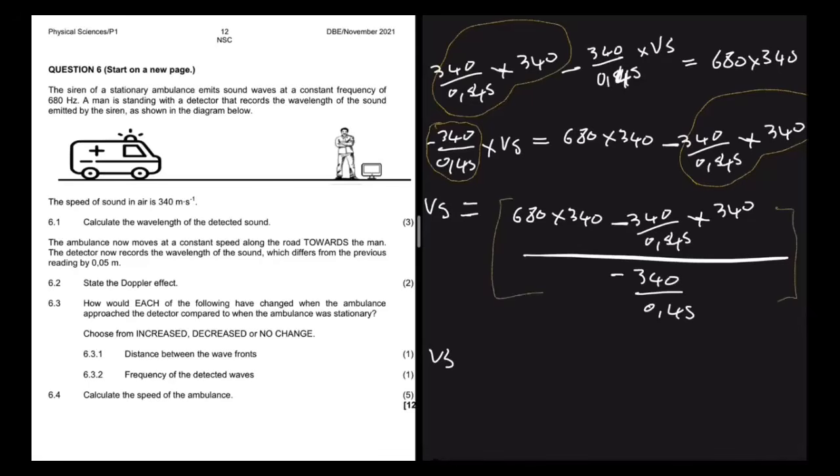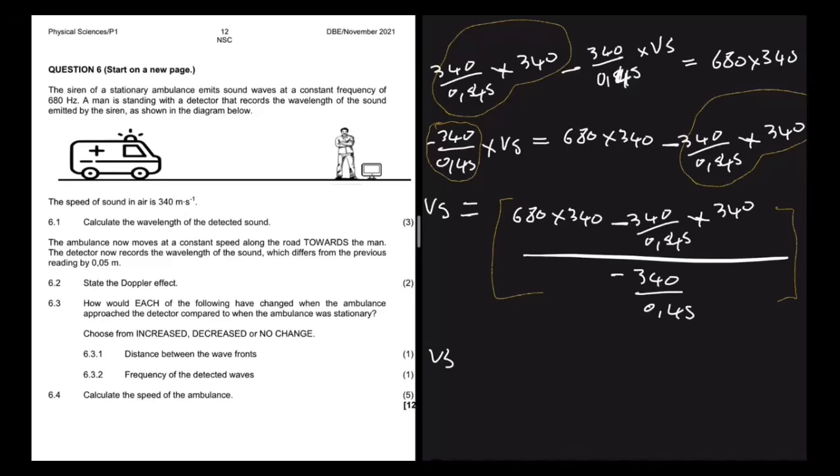The reason why I don't want to press the calculator before I get to the answer is because I'm avoiding making mistakes, right? I'd rather put things in the calculator once and get the answer rather than put things in the calculator a lot of times and risk making a mistake, right?